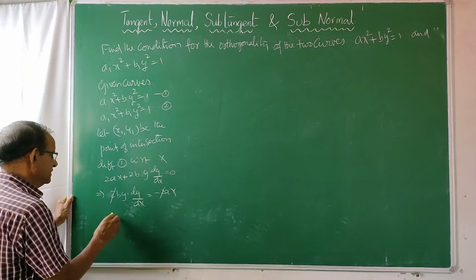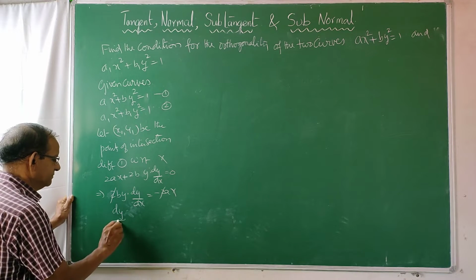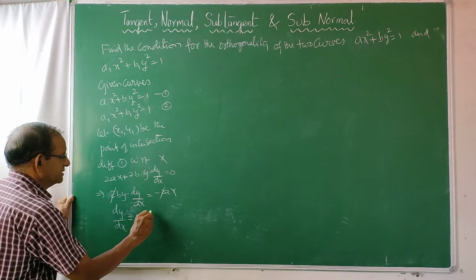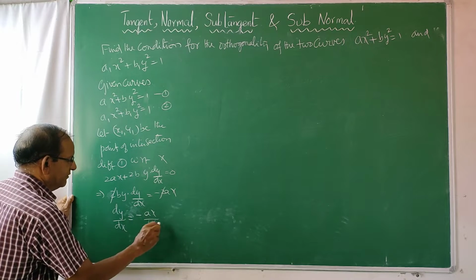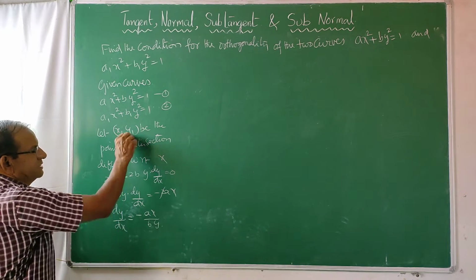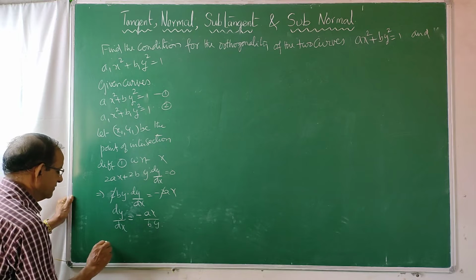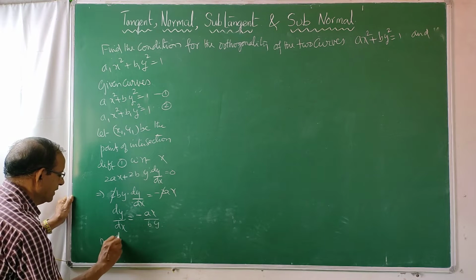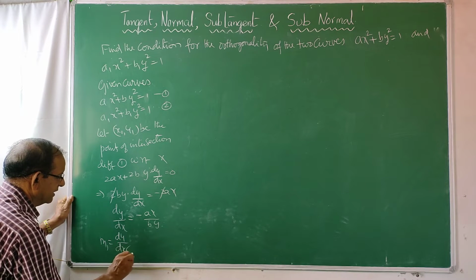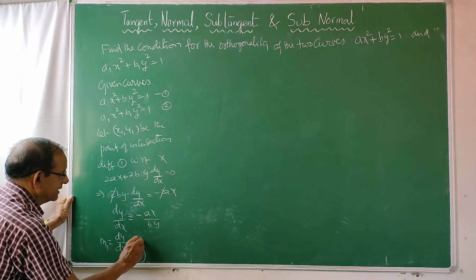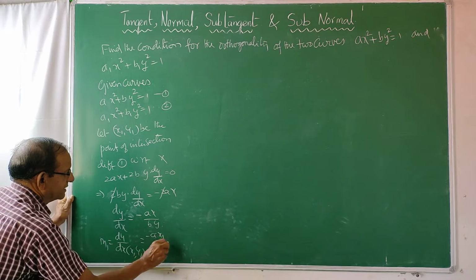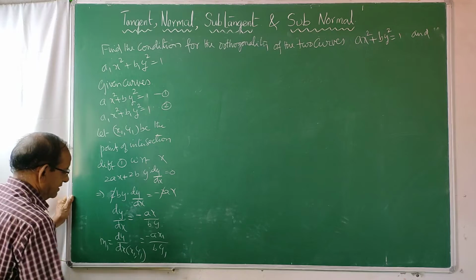Cancel 2 on both sides. So dy by dx is equal to minus ax by by. Now let us substitute the value of x1, y1 for x and y. So m1 is equal to dy by dx at x1, y1, that is equal to minus ax1 by by1.